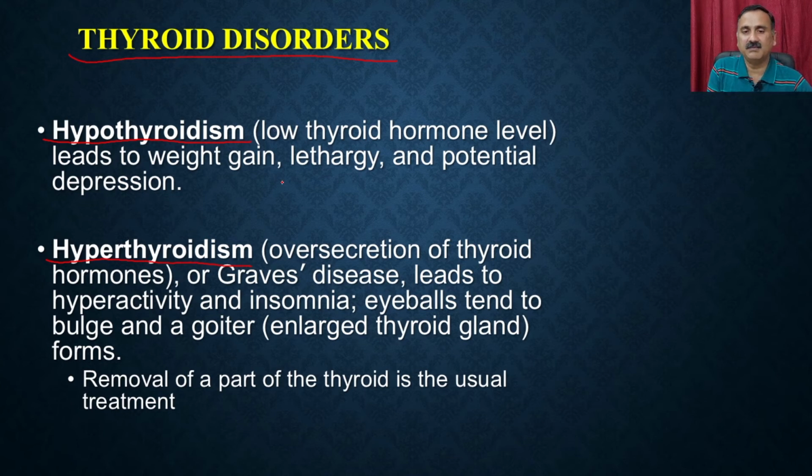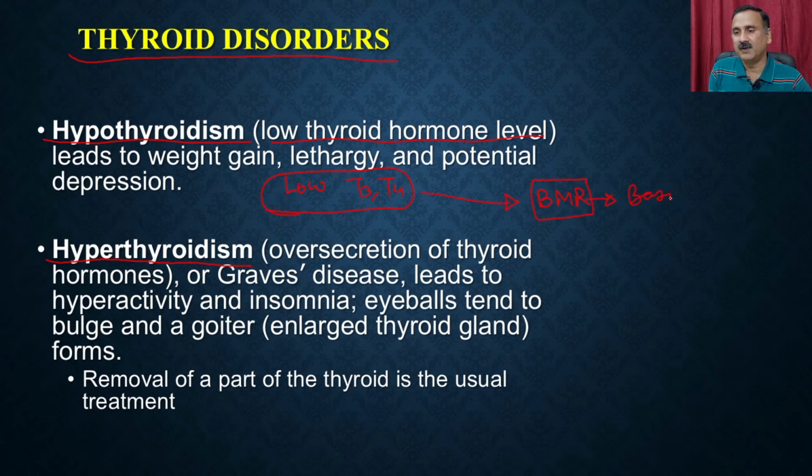So, hypothyroidism means a low amount of T3 and T4, okay, and it could be because of many reasons. It could be less production of TSH, or less production of TRH. So, hypothyroidism is characterized by a low thyroid hormone level, which means a low level of T3 and T4, and that is going to reduce your basic metabolic rate or BMR.